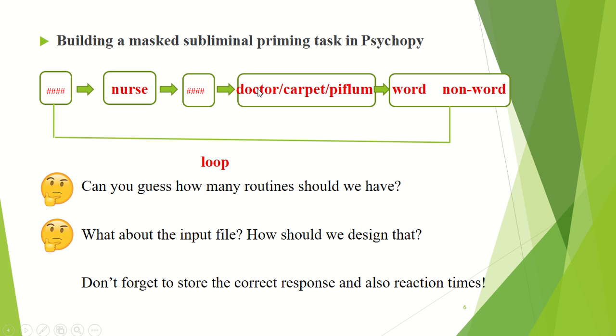Again, you have masks, and then you have the target word, related, unrelated, or non-word, and you should ask participants to press the keys. So the only difference you can see here is the addition of these masks. Okay, and then you should remember to store the correct response and reaction times.